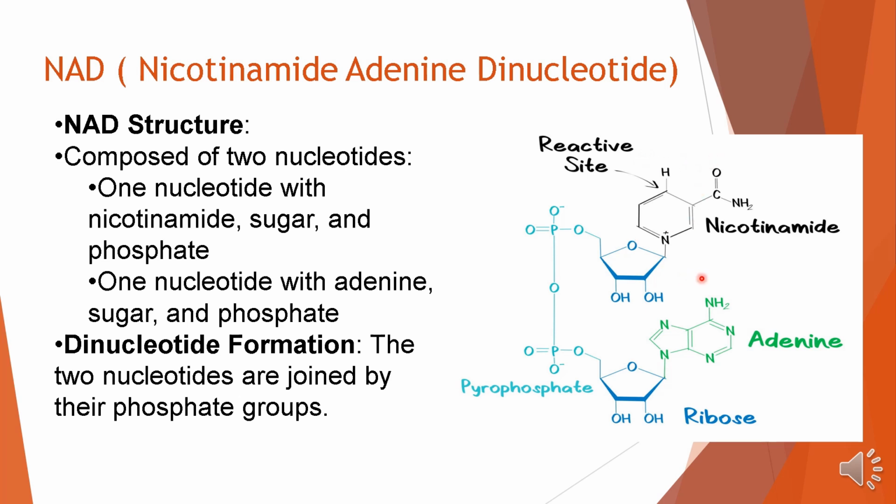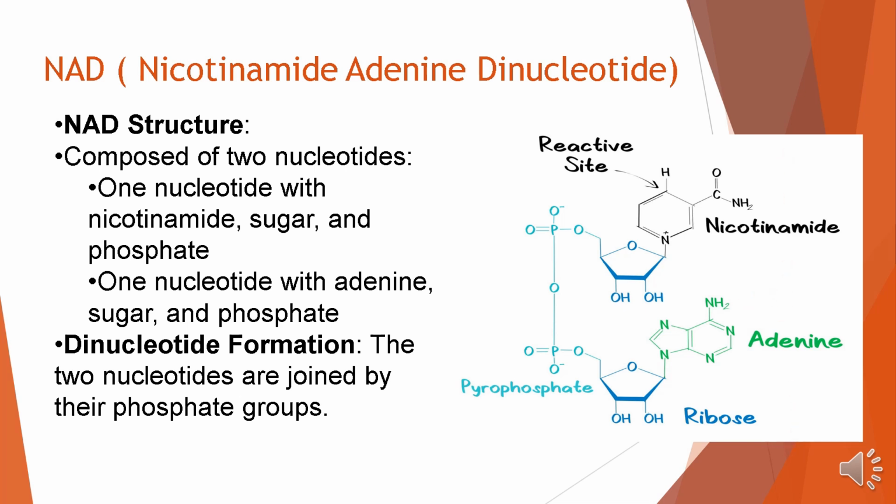The first part consists of nicotinamide, sugar and phosphate. The second part consists of adenine, sugar and phosphate. So the NAD structure is composed of two nucleotides, first this nucleotide, second this nucleotide.